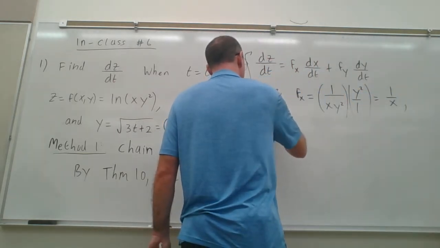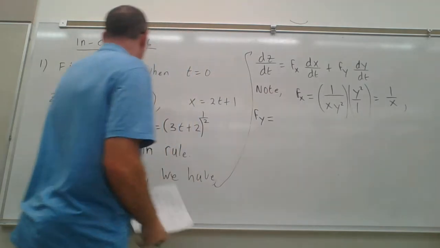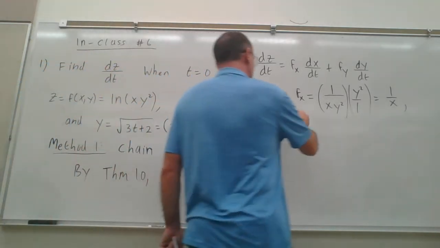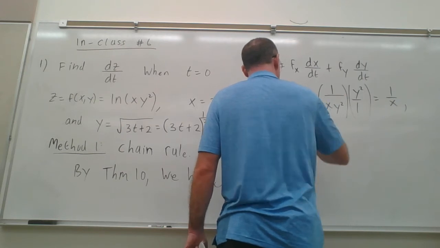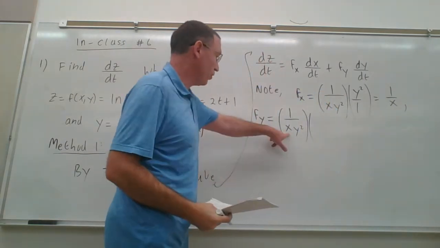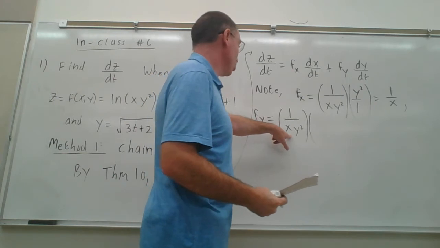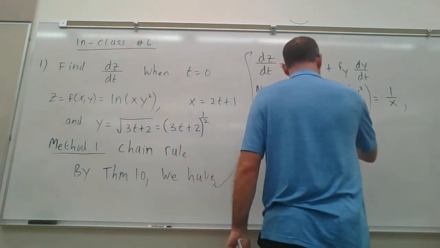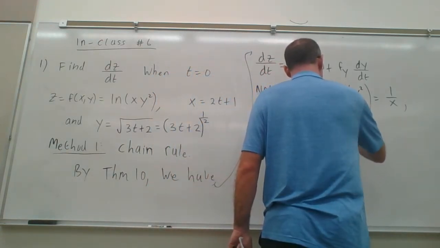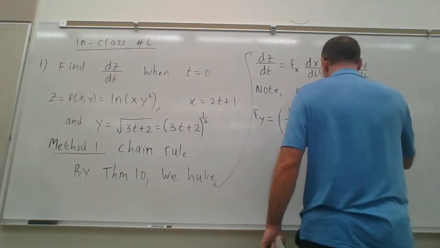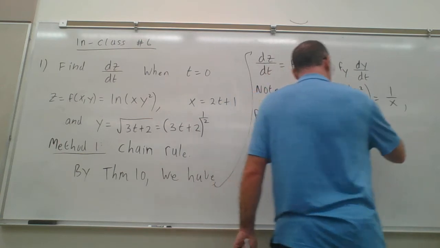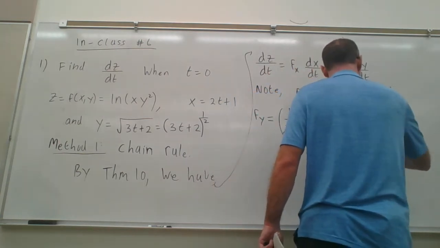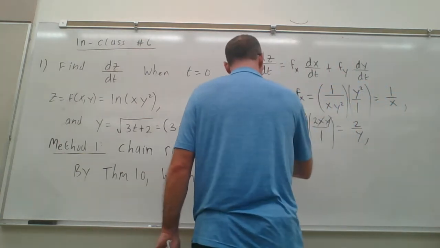Fy, okay, so it's going to be 1 over x y squared times derivative of this now with respect to y, so it'll be 2xy. So cross off an x, cross off a factor of y, it's like 2 over y.